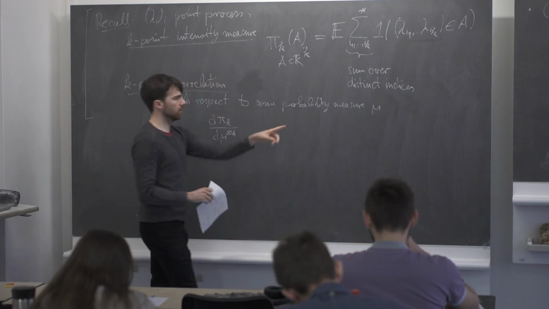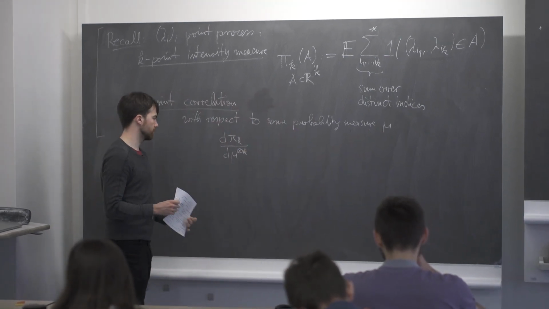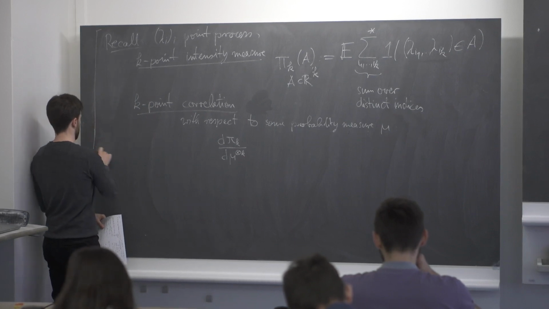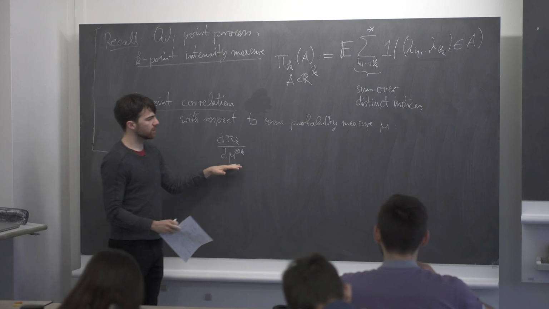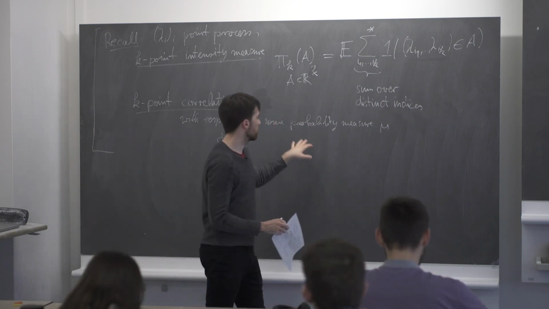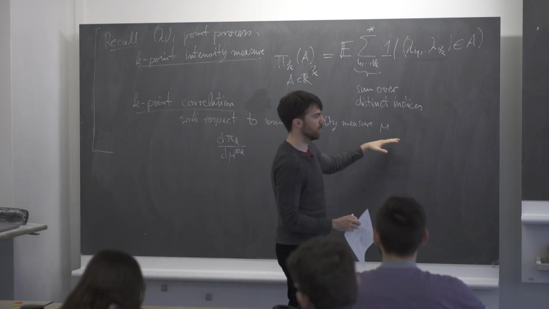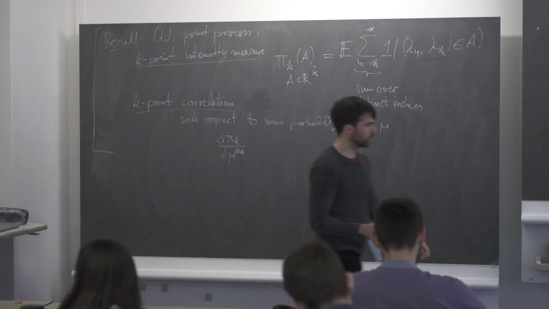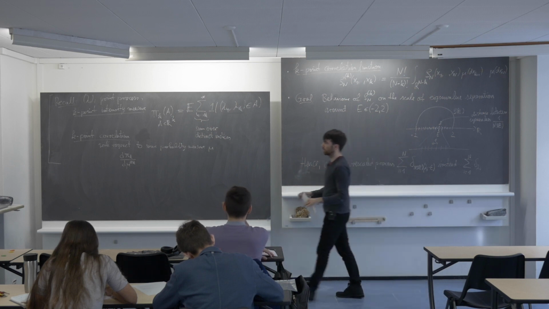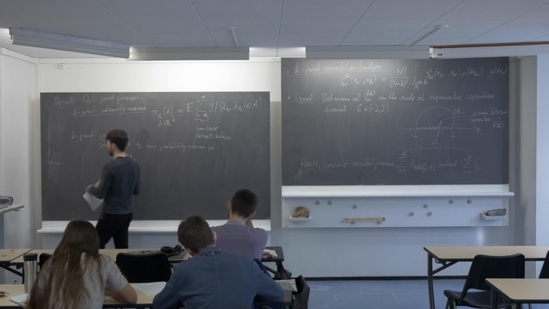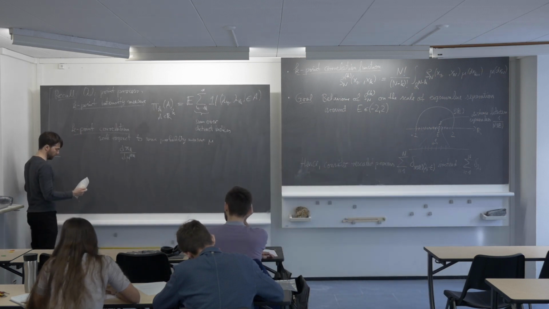Okay, and in the case we looked at before, the mu was the Gaussian measure, and now in some sense it will turn out that the Lebesgue measure will be a more appropriate measure to understand this process here. Of course, that's not a probability measure, but there will be certain weights which make everything converge.